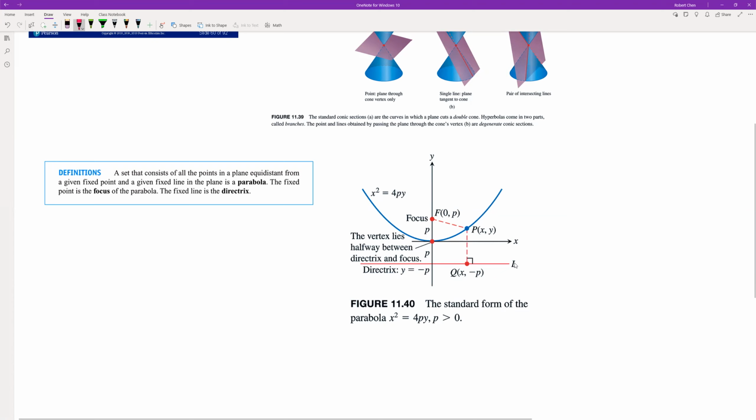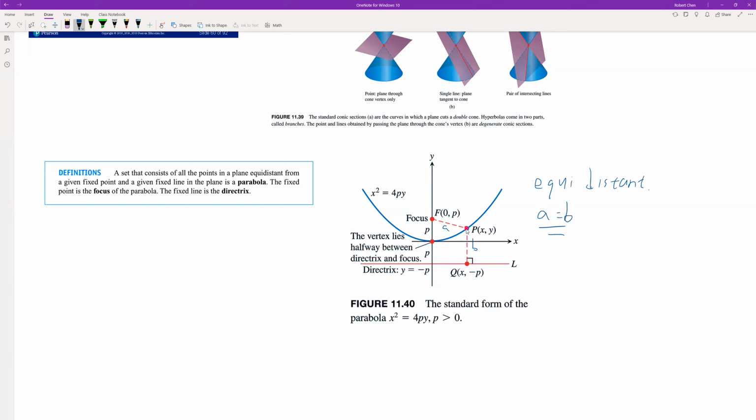What this is saying is you pick any point on the parabola, and the distance between the point and the focus, let's call this distance A. And the shortest distance between the point and the directrix, let's call that B. A is equal to B. That's what it means by equidistant.